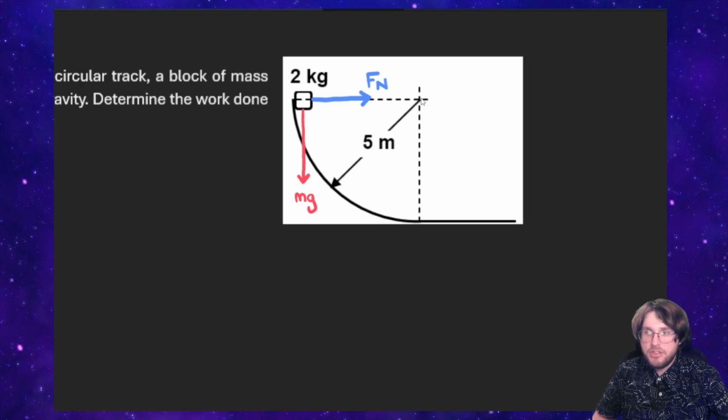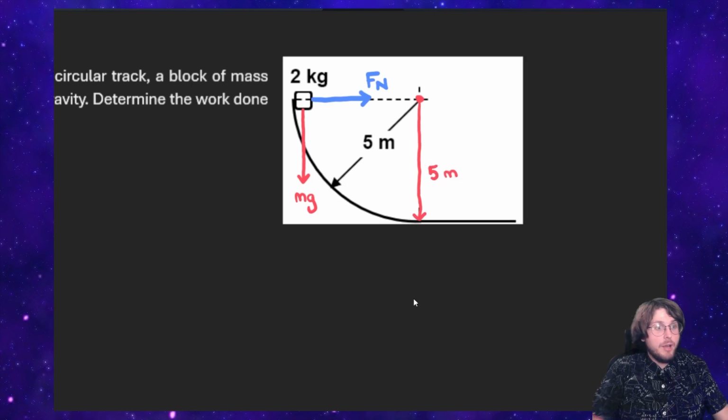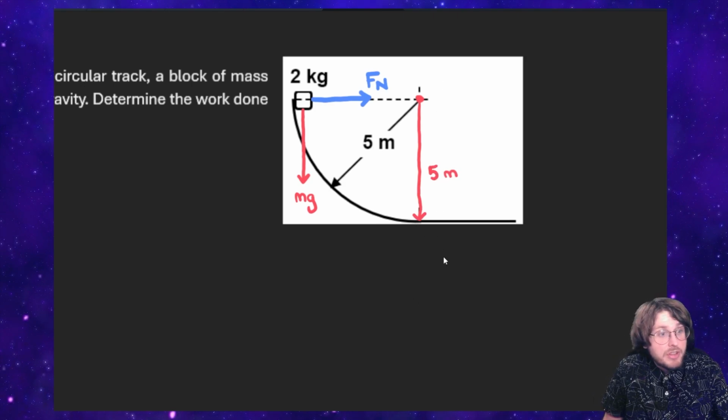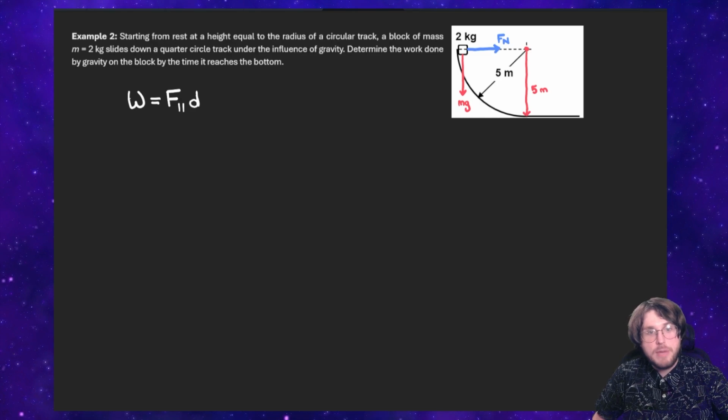The block starts at a point right here and travels all the way down vertically to here through a distance of 5 meters. Now that specifically is the displacement that would be parallel to gravity, because gravity is consistently pointing in that vertical direction. So if you're trying to find the work done by gravity specifically, all you need to do is find the vertical displacement downwards.